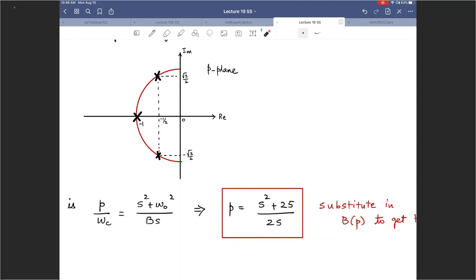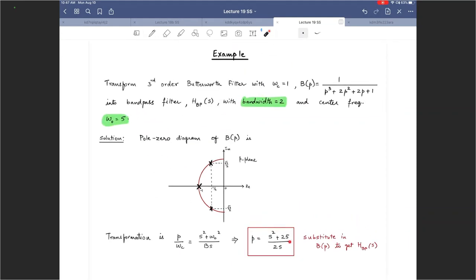Your substitution is P equals S squared plus 25 divided by 2S. What are we going to do? We are going to simply substitute this P into our prototype transfer function, third order Butterworth filter.